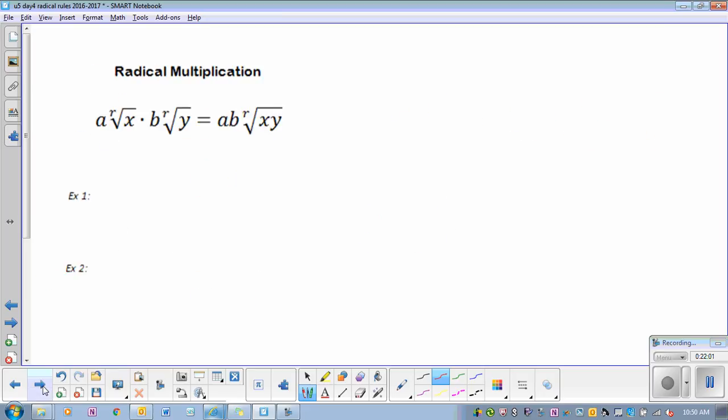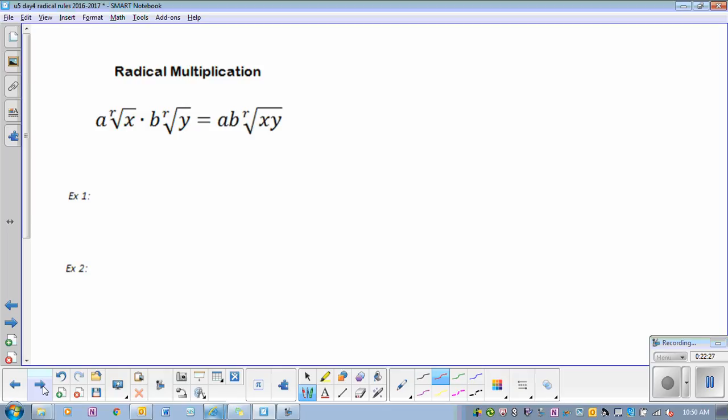So now let's go back to the purple sheet and let's look at multiplication. All right, so with multiplication, a couple rules here, okay? It's not like the adding and subtracting where the inside of the radical has to be the same.